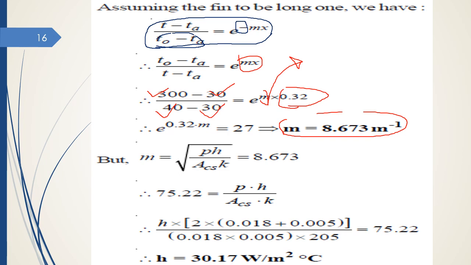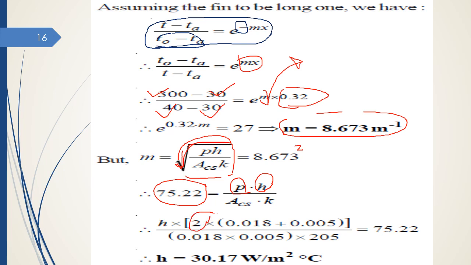So we get the m fin constant value, that is 8.673 meter inverse. Now what is m? That is the square root of PH divided by AK. So remove the square root. So here the square of this, that is 75.22, is equal to PH divided by AK. H is not known to us. P is the perimeter, that is 2 into (B plus Y).